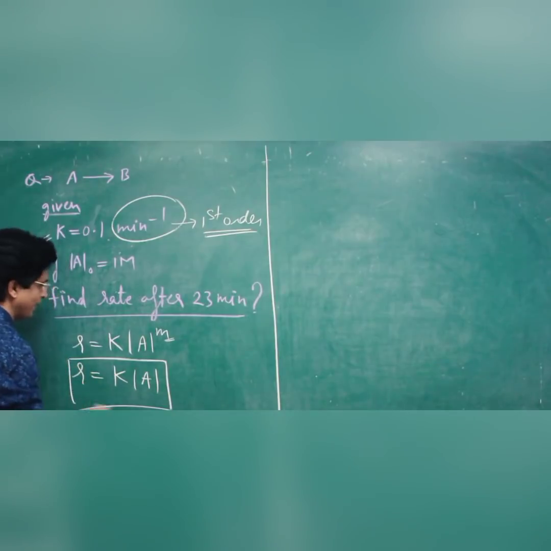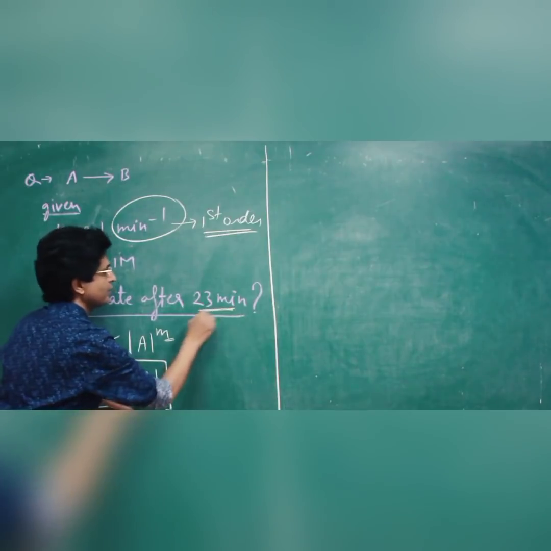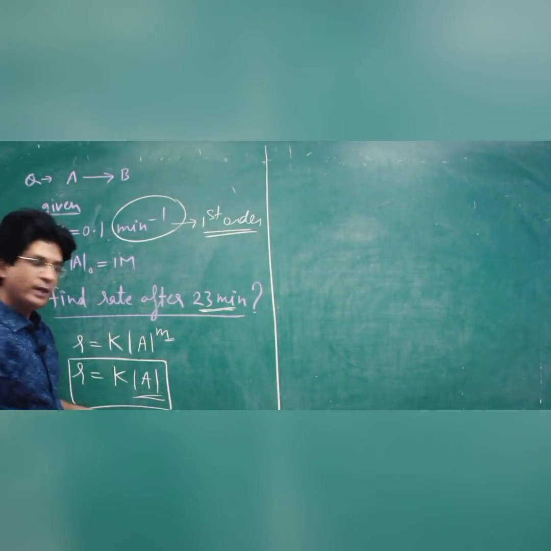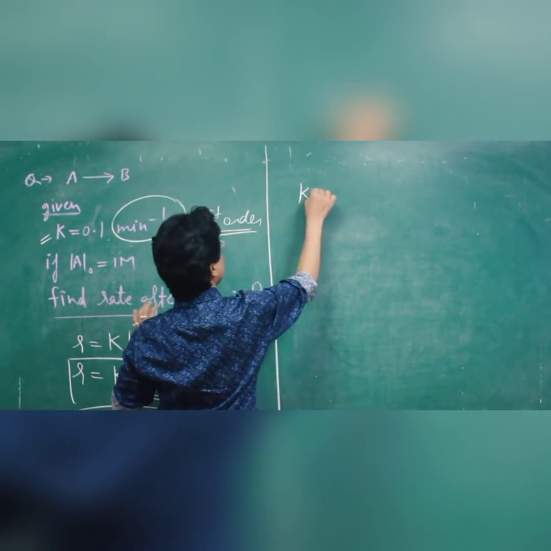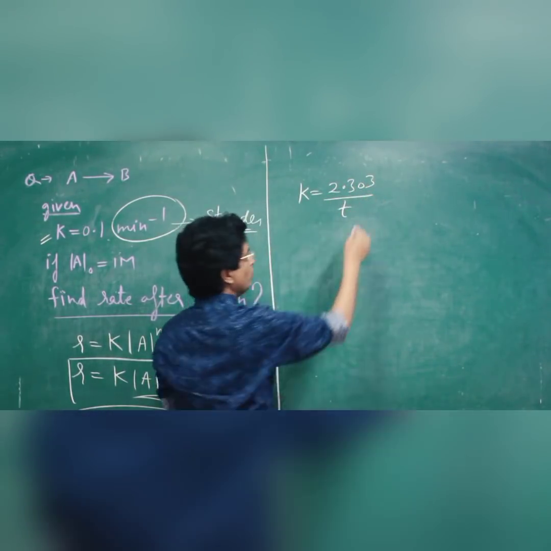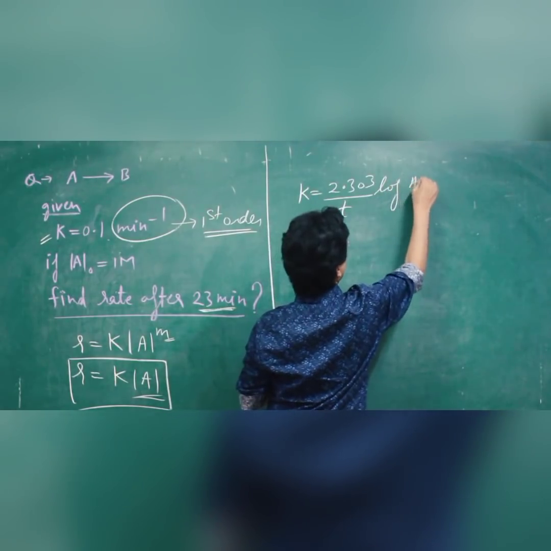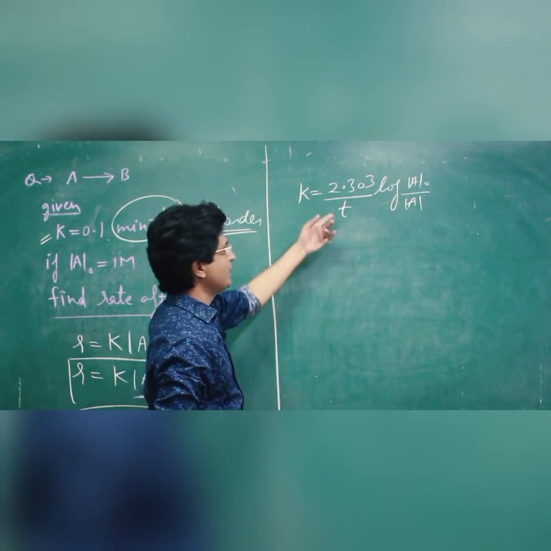Now my job is to find out the concentration of A after 23 minutes. We can do that very well. How? For first order reaction, I know that K equals 2.303 upon T log of initial amount A naught upon A, the remaining amount after 23 minutes.